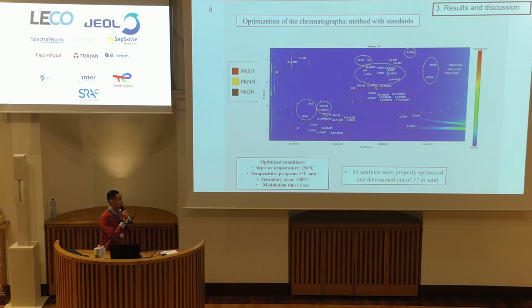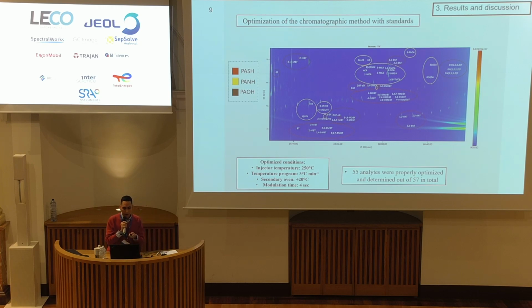As a first result, we have here the overview of the chromatogram that we obtained under the optimum conditions, and we clearly see the use of the second dimension for the separation of the classes.